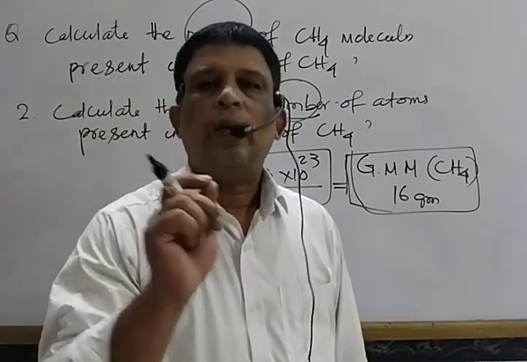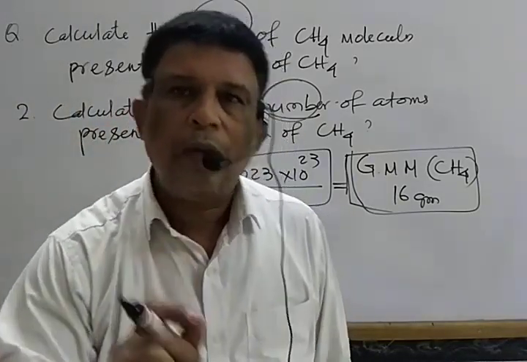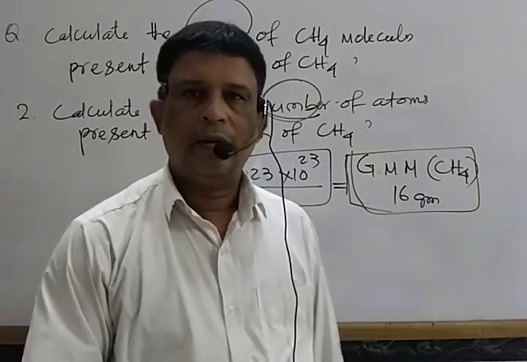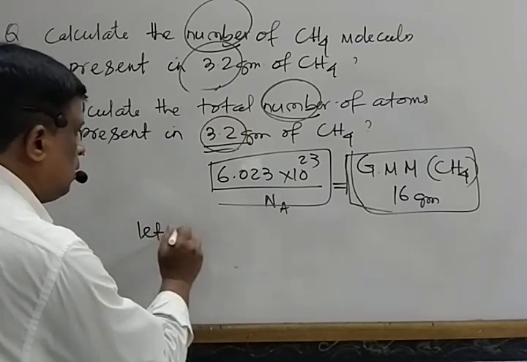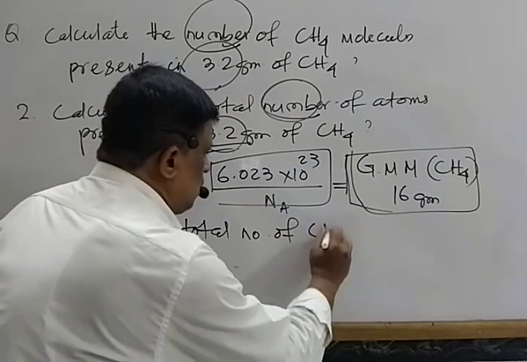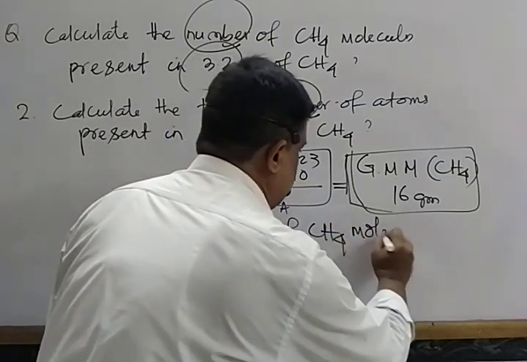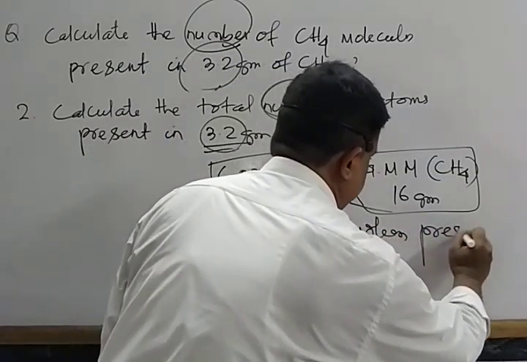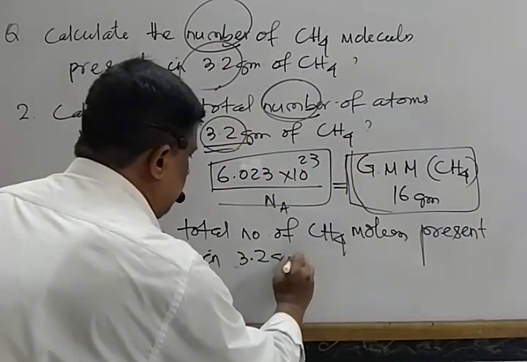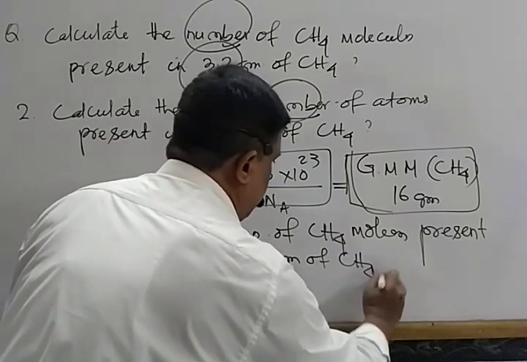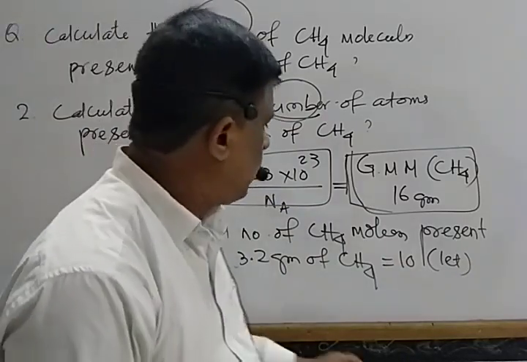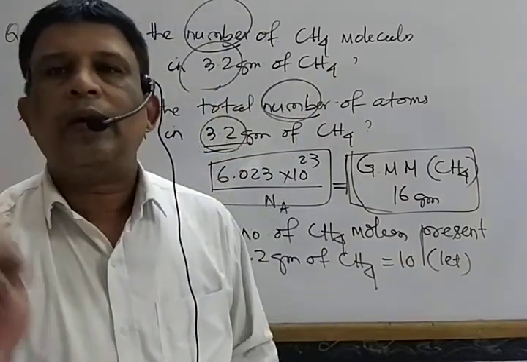Previously we calculated the total number of molecules present in 3.2 gram. Let it be 10. Mark that. Let the total number of CH4 molecules present in 3.2 gram of CH4 be 10. Suppose the total number of methane molecules in 3.2 gram is 10.